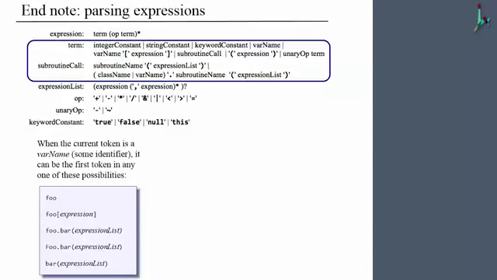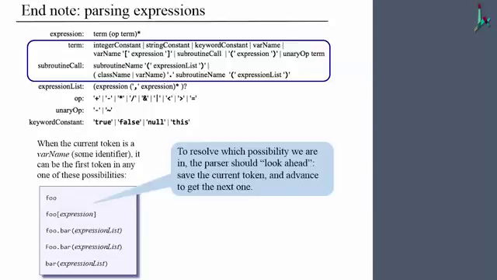And we have to decide what we have here. The bottom line is that we have to resolve whether we have any one of these options, and in order to make this resolution, we have to look ahead to the next token down the token stream. As a rule, when you have an identifier, you cannot know immediately what you have. You have to look ahead at the next one, and if the next one is a left square bracket, you do one thing. If it's a dot, you do another, and so on and so forth.